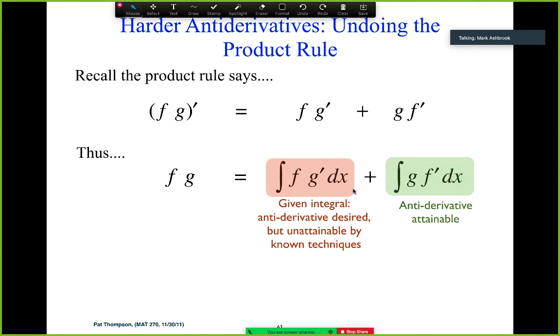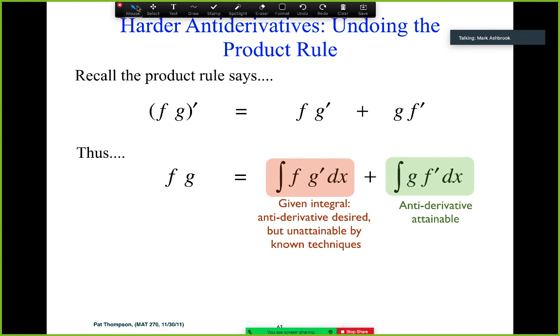I'm trying to find what this equals. I'm able to find what this equals. So then how do I get this one? Just one step of algebra. Subtract from f times g. Right. So then the one that we're trying to find would just be our product, f times g, minus the one we can do. Right? So it's just algebra. Just subtract it, move it over here.